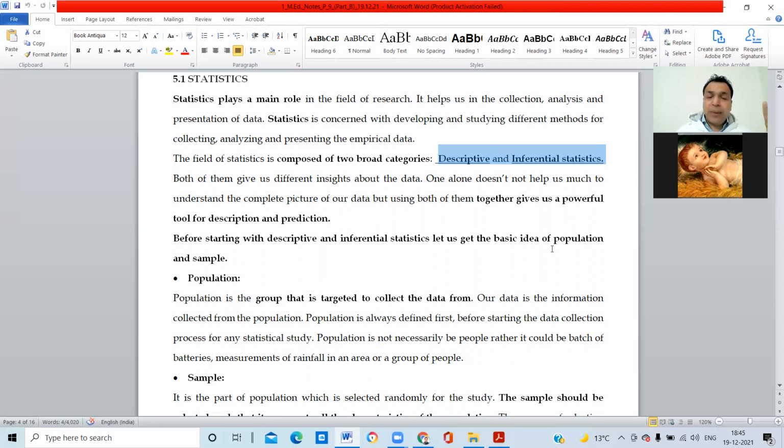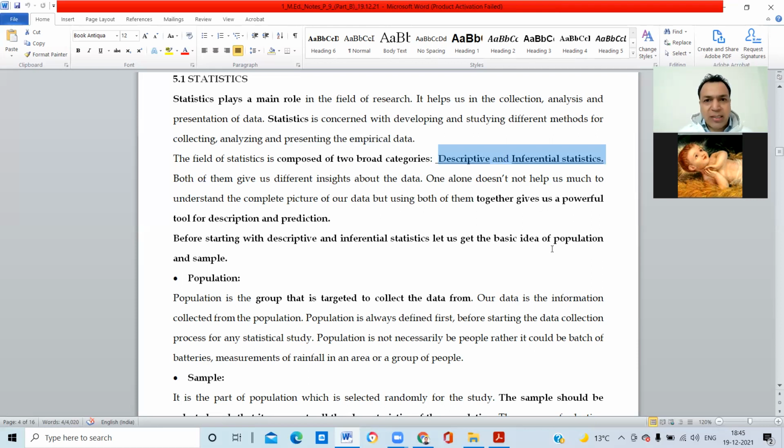We talked about charts, graphics of the data, the mean, median, mode, central tendency, right? But in this semester, we have to talk about inferential statistics.